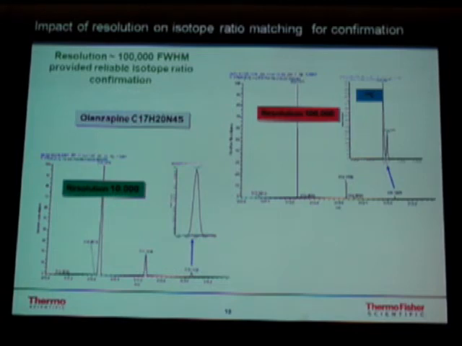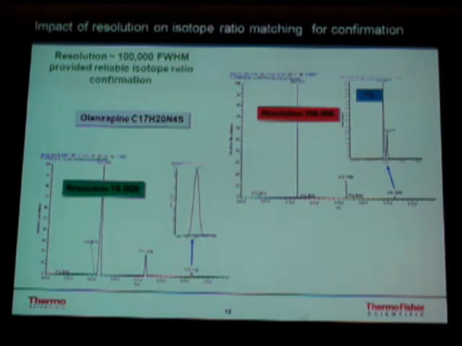Now, another way we can confirm the identity of a drug or any molecule is using isotope ratio matching. How good is this for isotope ratio matching? This is an example at a resolution of 100,000. This drug, olanzapine, has sulfur in its elemental composition. If you run it at a resolution of 10,000, this is the C12, C13, then two C13s. And here, note how it looks.